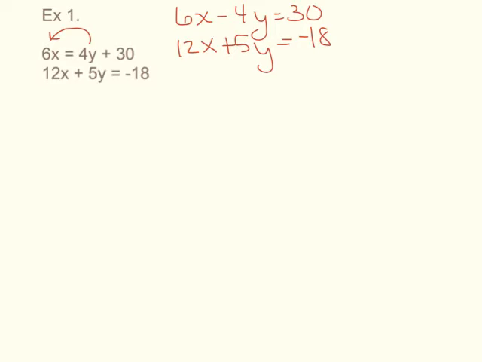So let's see what happens. I'm going to multiply the top one by -2, and I'm going to bring that down here because I don't have room to the side where I normally do it. So that gives me -12x, a positive 8y, and a -60.